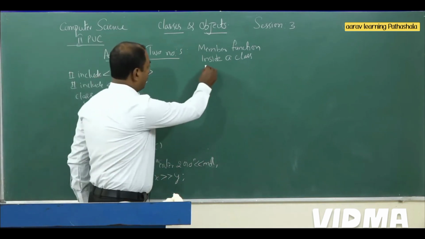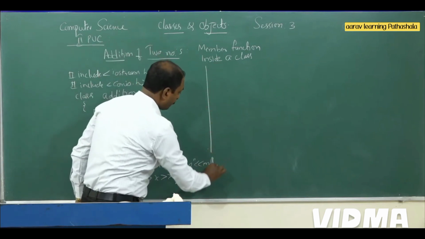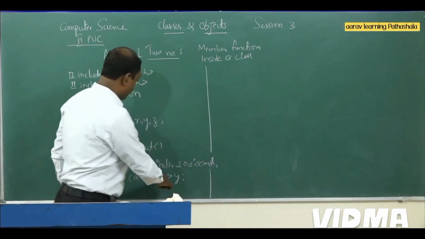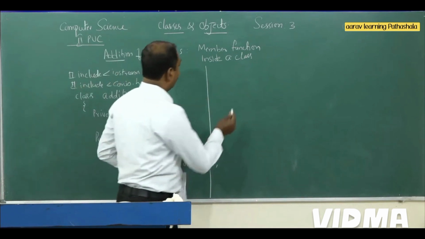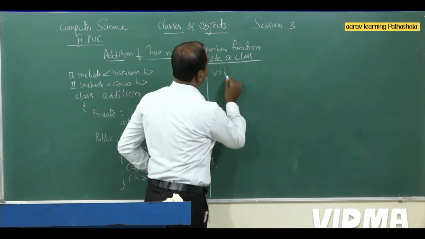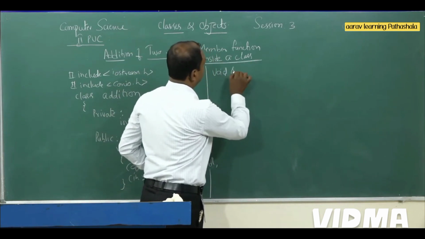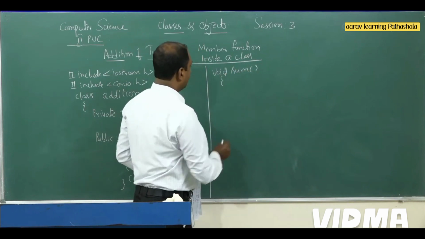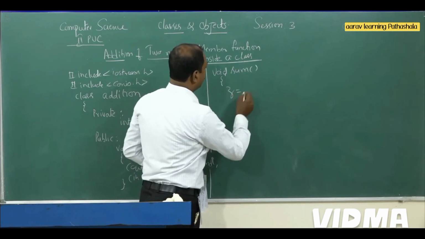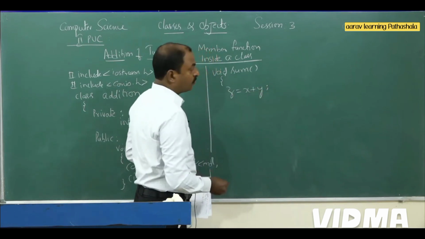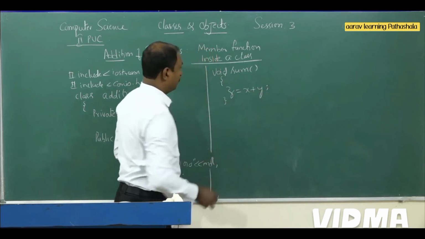After this, I am going to write the other functions, that is, after void input. The next one is void sum. Void sum is a function, and this function is used to add two numbers or two variables, closing this.